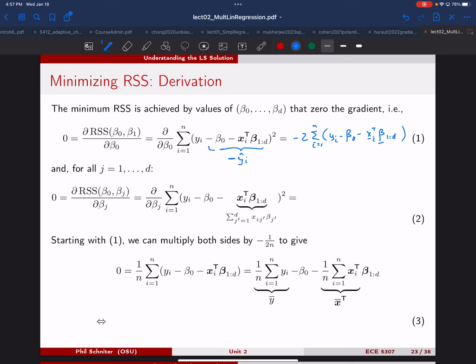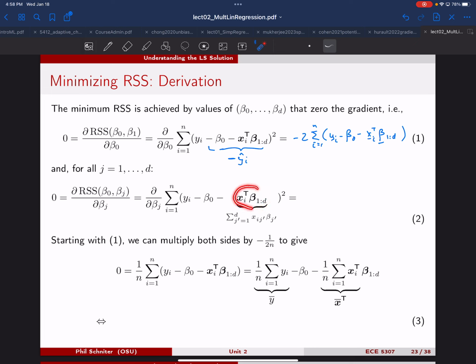Something similar happens with respect to beta j, but it's a little bit more complicated because when we do the chain rule, the tricky part is taking the partial derivative of this interior thing with respect to the jth beta. Right? So to do that, we actually need to unpack this to expose the jth beta.